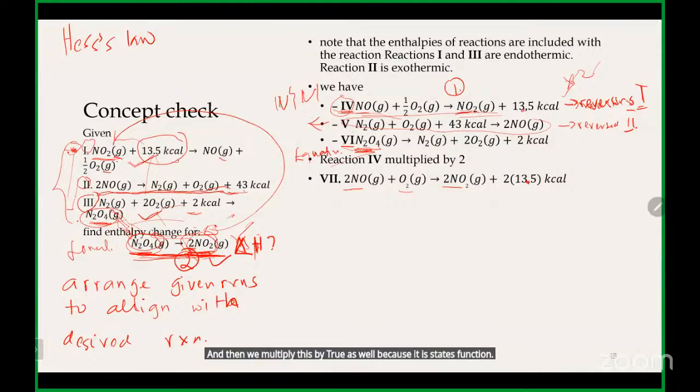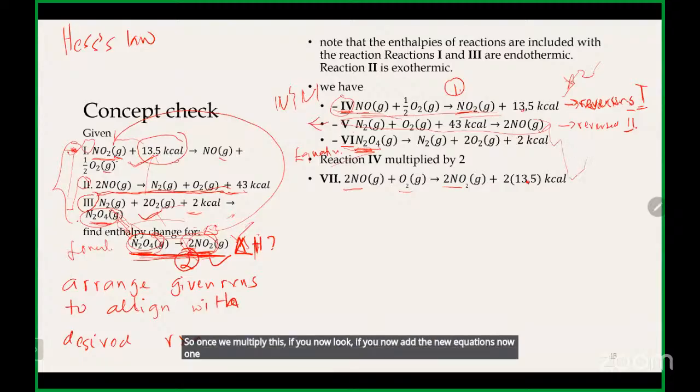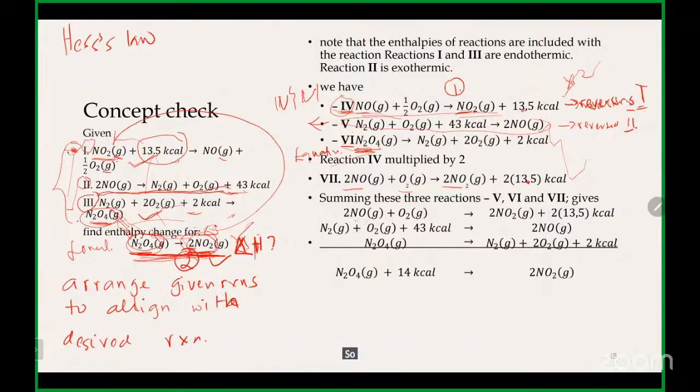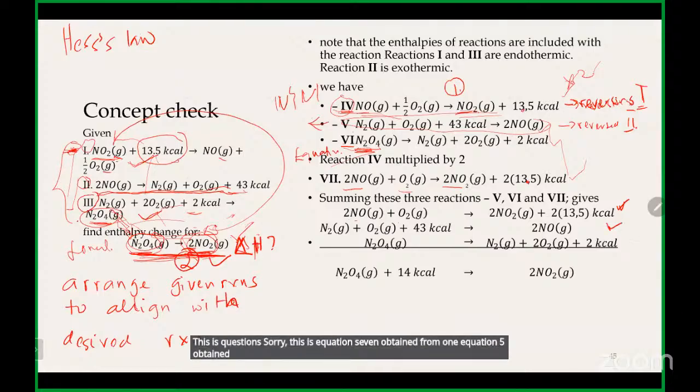So once we multiply this, if you now add the new equations, 1, 2, 3, if you sum all these equations together, let's see, do we have our desired equation? So 2NO plus O2, this is equation 5, which is obtained from equation 1. This is equation 7, obtained from 1. Equation 5, obtained from 2. This is equation 6.